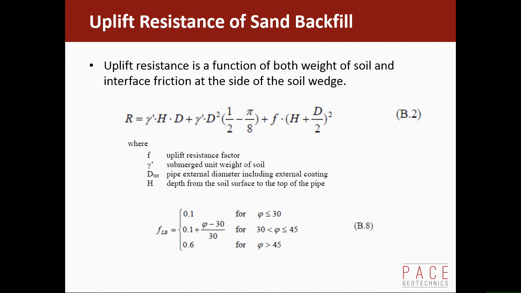And if you can imagine a plane of soil like that, the first section there, gamma dashed HD, so that's D, and that is H. The weight of that soil there is, can you see this okay?